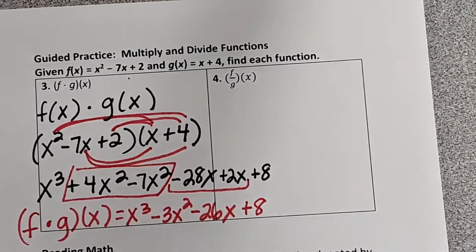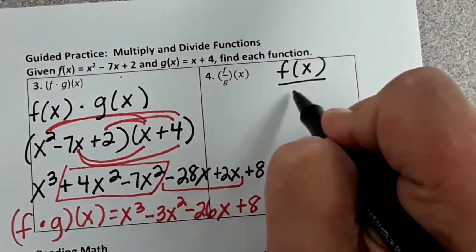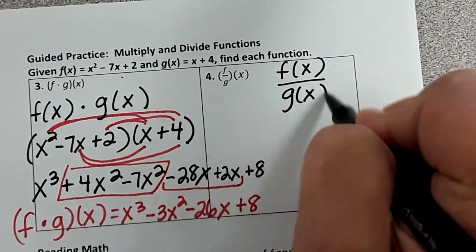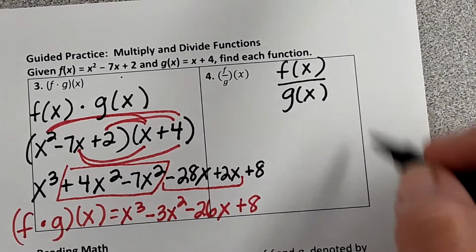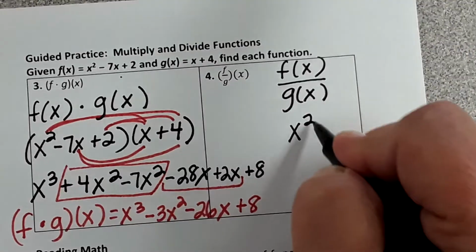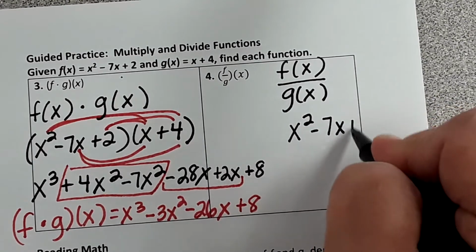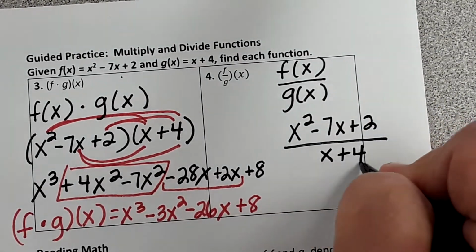Okay, so for division, we're actually going to do f of x over g of x. Now, in this one, things might not factor, so we're going to worry about that. So we're going to do x squared minus 7x plus 2 over x plus 4.